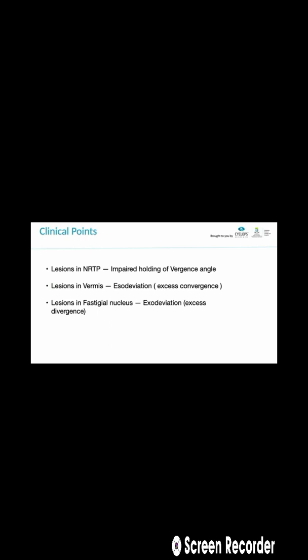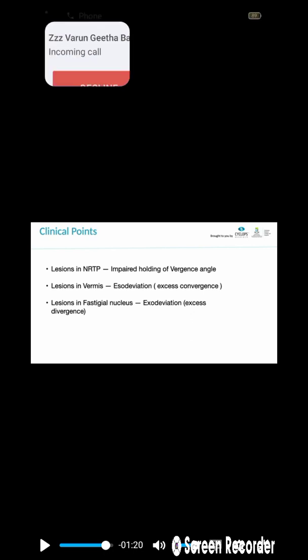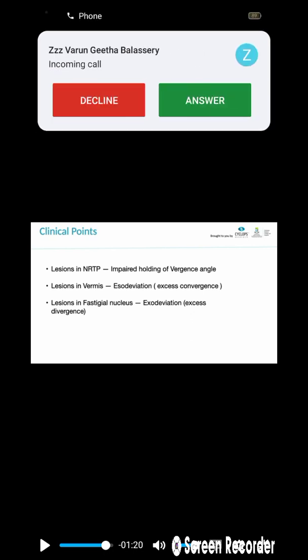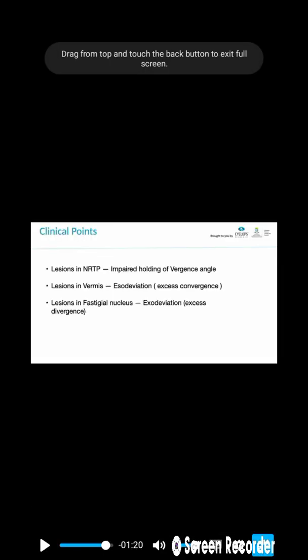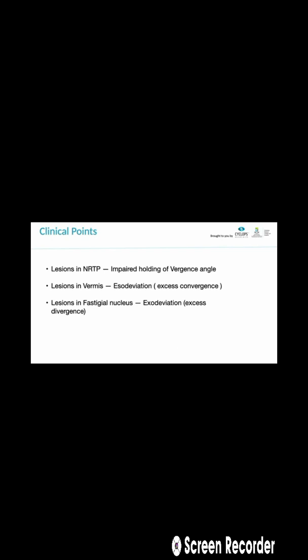And what does the fastigial nucleus do? The fibers for the vergence system in the fastigial nucleus respond for the near response. That means they stimulate convergence, right?